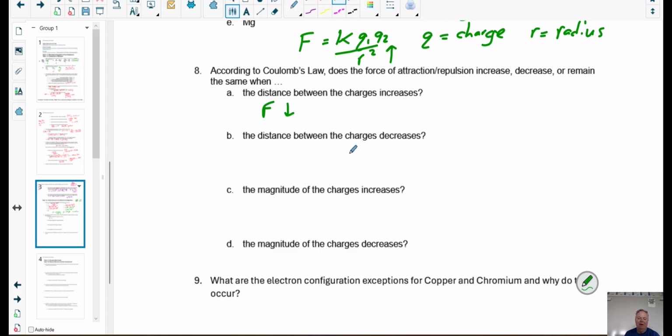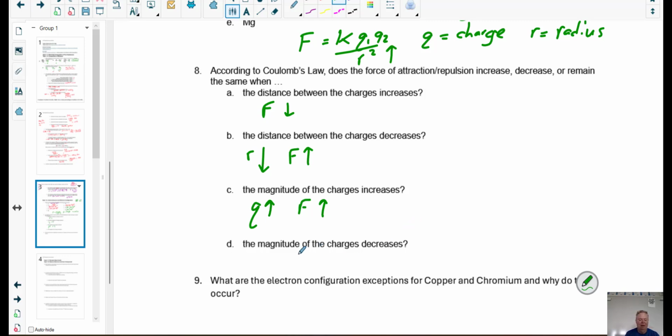Right? The same thing here, if the radius is decreasing, our denominator is getting smaller. A smaller denominator means an increase in the force or the attraction between them. If the charge increases, so if our numerator increases, so if Q goes up, then the force must go up.